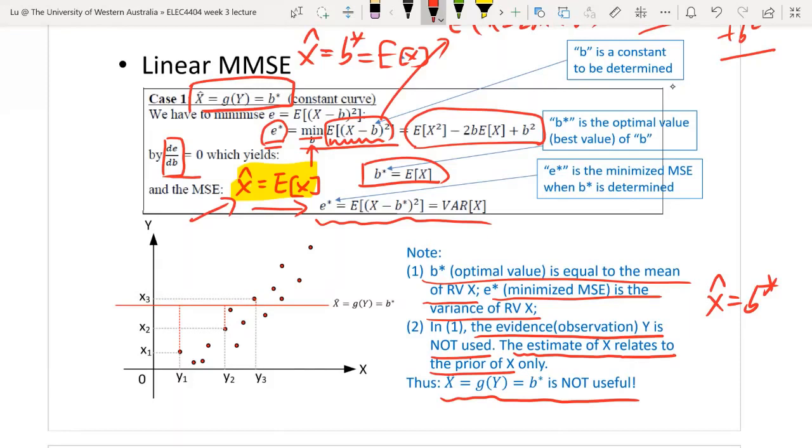This is not an estimator. Okay, this is the first one. Please bear that in mind. If the linear minimum mean square estimator x hat equal to b is used, the result will not be good, because you are not using any observation to help you improve your estimation.